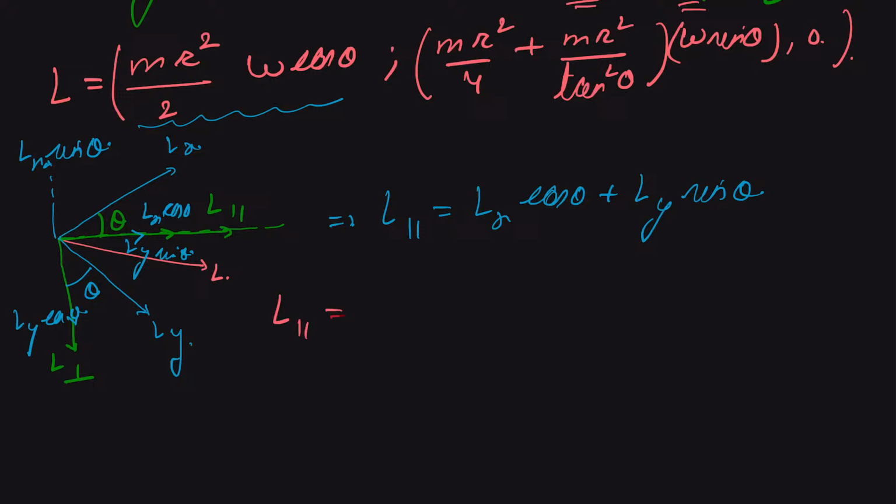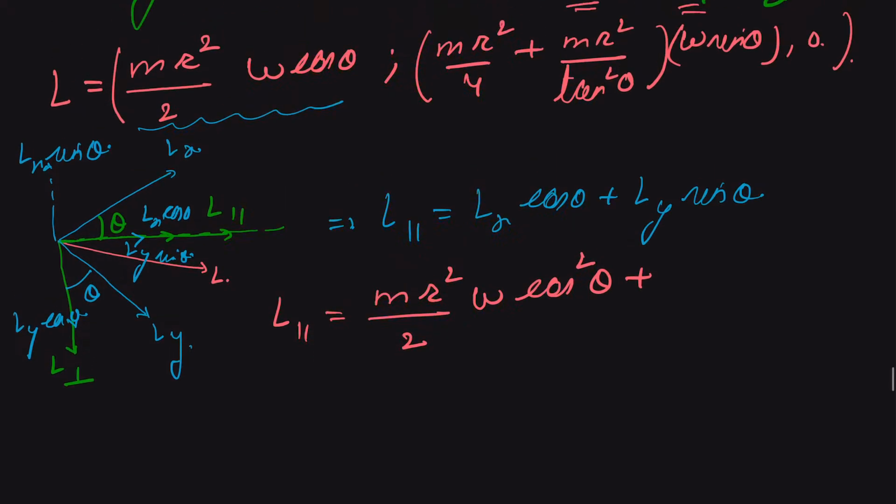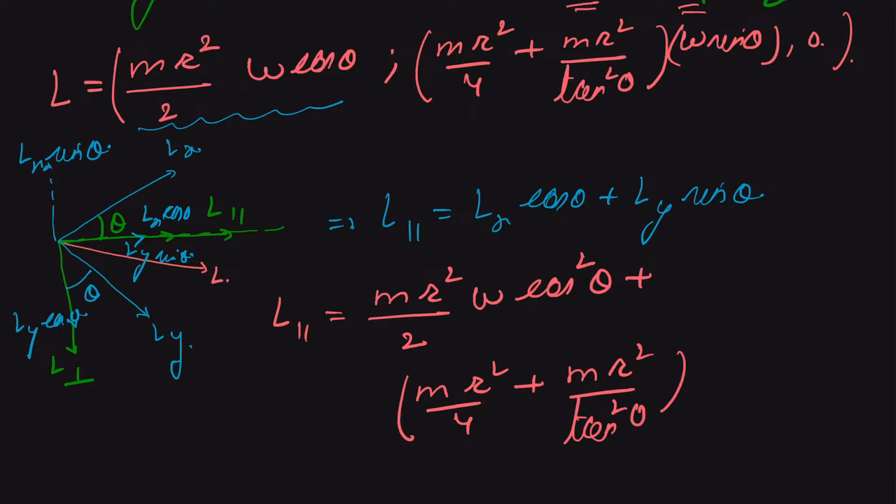We get our L parallel will be equal to m r square upon 2 omega, and cos theta will be giving us cos squared theta, plus we have our L of y, and this is a big one, so we can write it here: m r square upon 4 plus m r square upon tangent square theta, and this comes as our omega, and we have sine theta and sine theta, so it is coming as sine square theta.